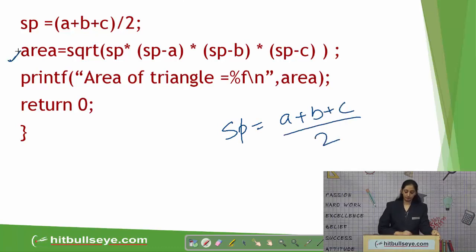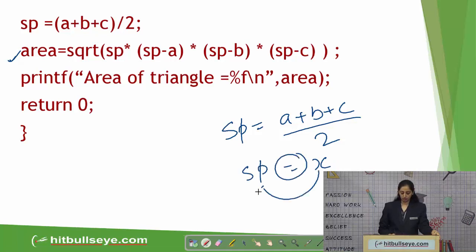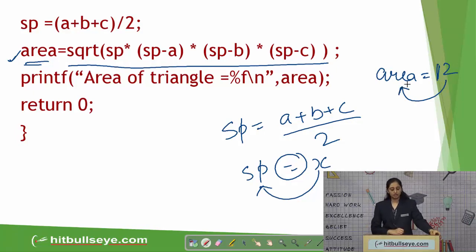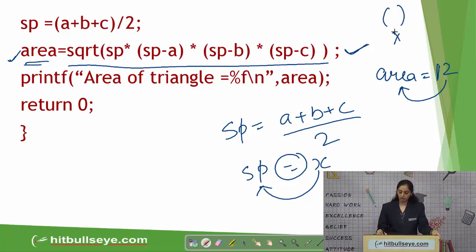Suppose the value x is assigned to the sp variable, that is the semi-perimeter variable. Now again area is used, and the formula is used for calculating the area, right? Suppose the value 12 is assigned to that area. In this expression we are using the brackets, the multiplication and the subtraction.